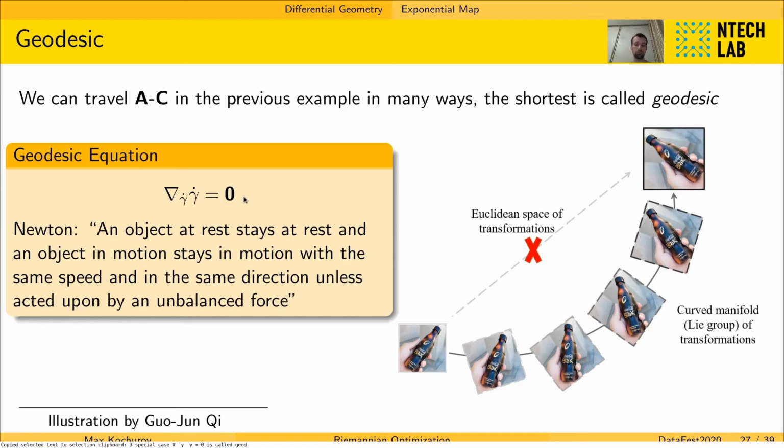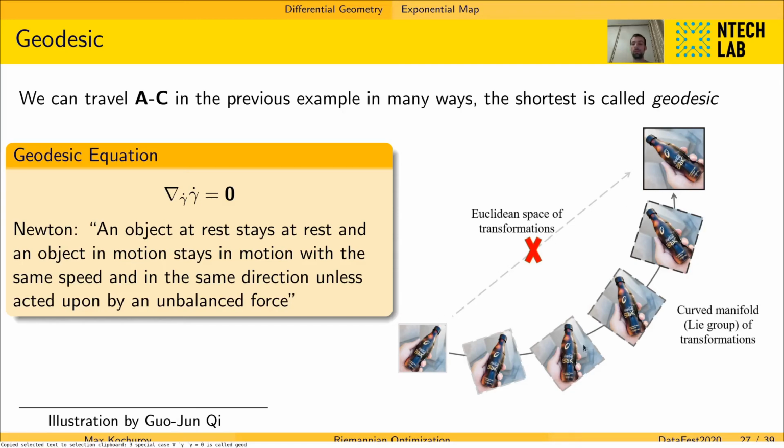One of examples is Lie group of transformations. So if we want to interpolate between two pictures, this one and the rotated one, we may use just linear interpolation between two pictures, but it doesn't make sense.